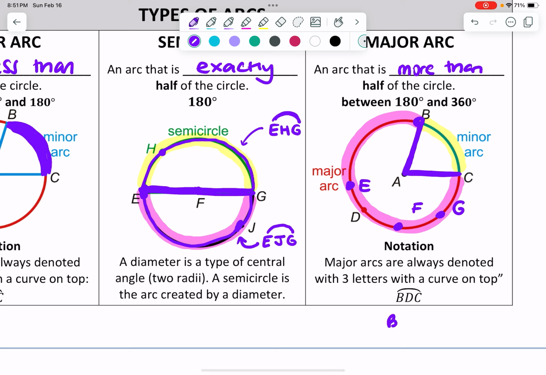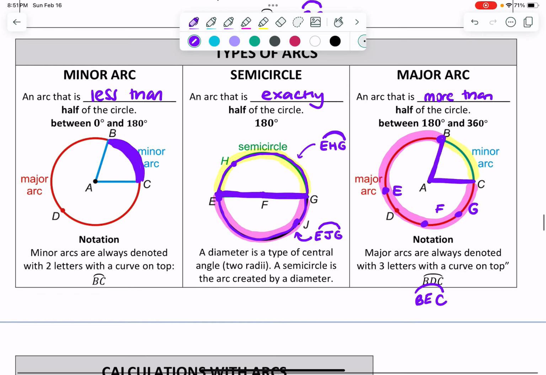I am just using the two endpoints, and to denote that it's a major arc, I'm choosing one point that's in the middle. So in this particular diagram, now that I've added those additional points along my circle and I've labeled them, arc BDC and arc BEC technically refer to the exact same arc. Okay? So I'm just using 3 letters to denote the major arc, because if it's only 2, it's assumed we're talking about a minor arc.